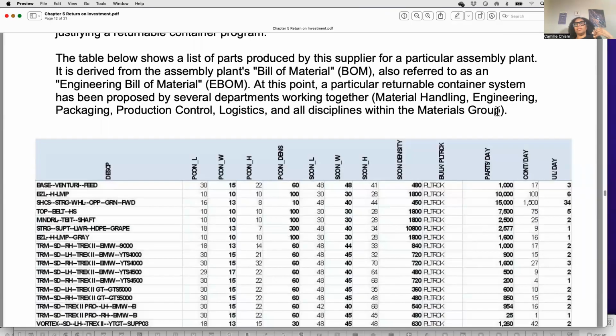Logistics is the people dealing with the trucks and the shipments. Sometimes packaging falls under logistics or supply chain, sometimes packaging is its own department. It really depends. And then you get a lot of other disciplines, like the manufacturing people, who might come under production control. So those are just some examples.